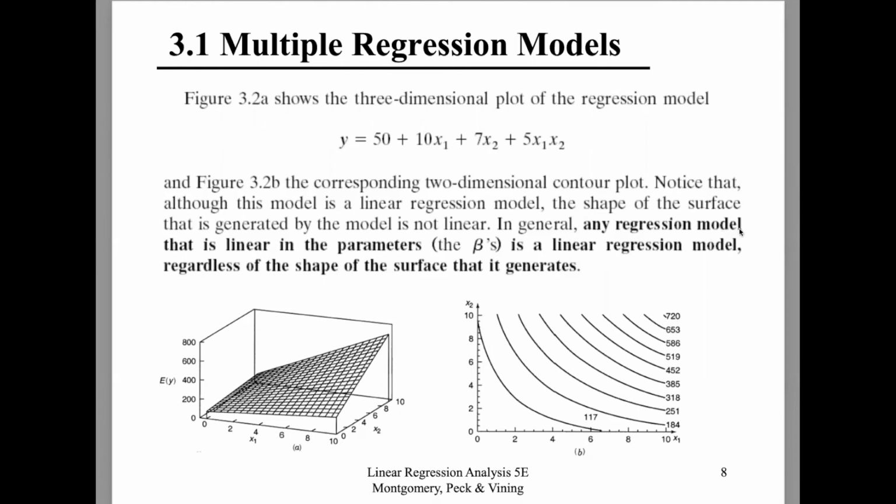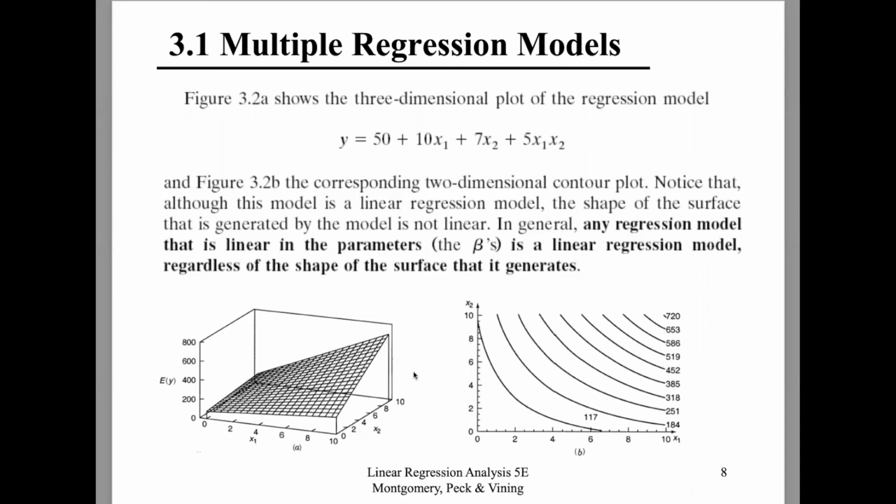So in general, any regression model that is linear in the parameters, all right, in other words, linear in the betas, is considered to be a linear regression model, regardless of the shape of the surface that is generated by that model. And so again, here we have a plane that's been twisted. All right, so that's more general than just a regular plane.